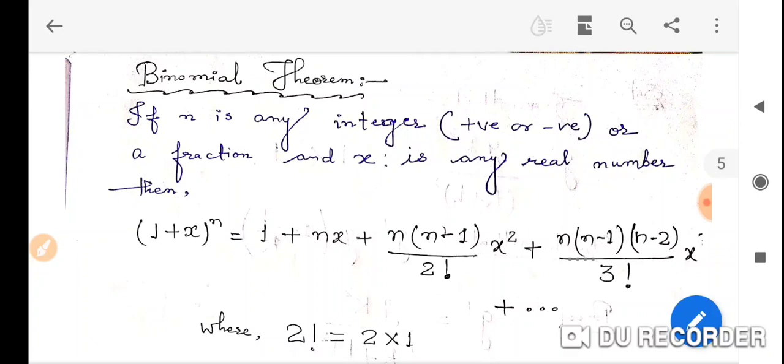Binomial theorem. Binomial means two terms.